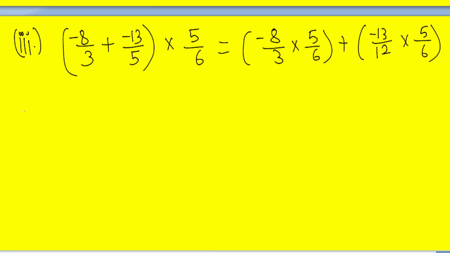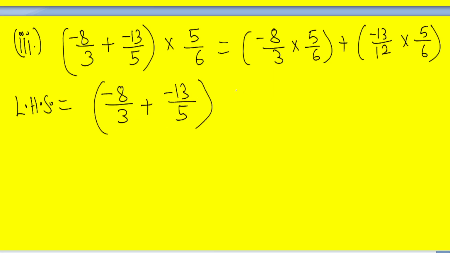Things are clear, beta? Now let's take the left hand side and find its value, and then we will take the right hand side and find its value. So minus 8 upon 3 plus minus 13 upon 5, under bracket, multiplied with 5 upon 6.